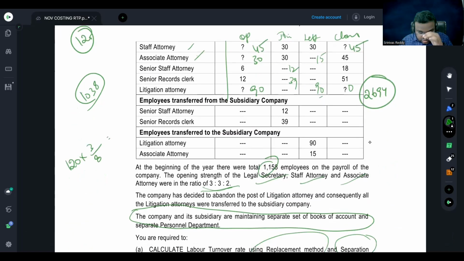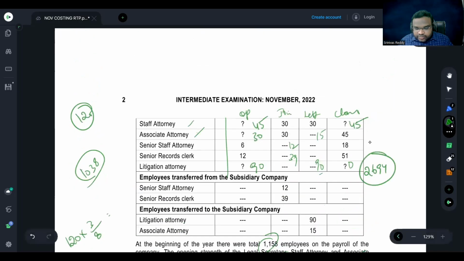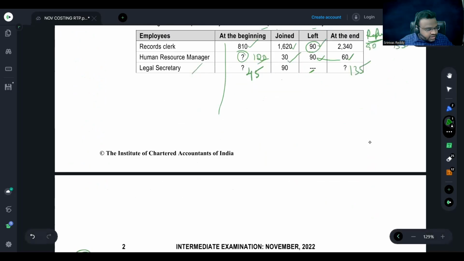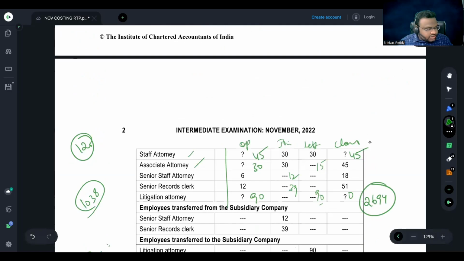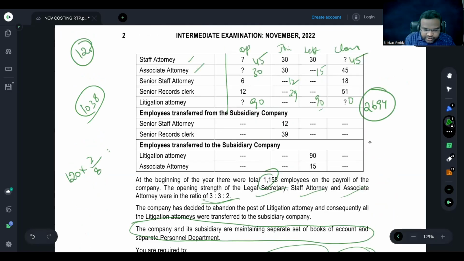2694. Okay. Now what we need to calculate is the replacements and separations. I'll work out separations separately. How many separations do you have? 90 plus 90 plus 30 plus 15 plus 90. I can work out the separation method now.